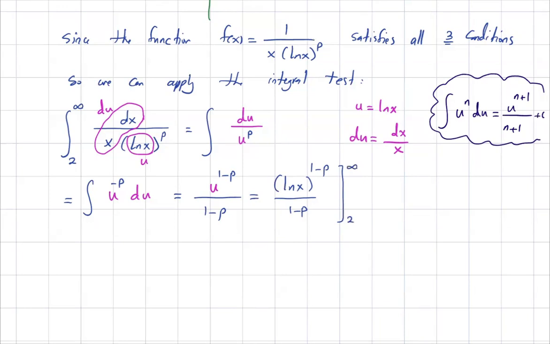Now our job is to analyze ln of x to the power 1 minus p. The behavior of the ln function is like this. If you have ln of x in general, as x goes to infinity, the ln goes to infinity as well, basically on the y-axis.